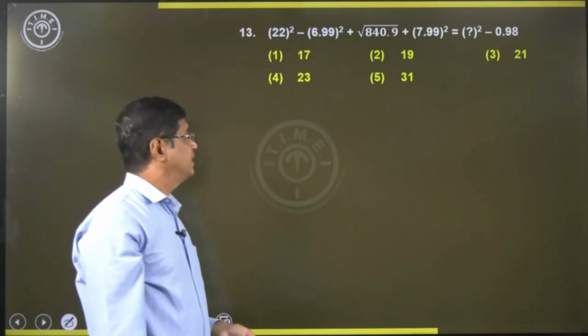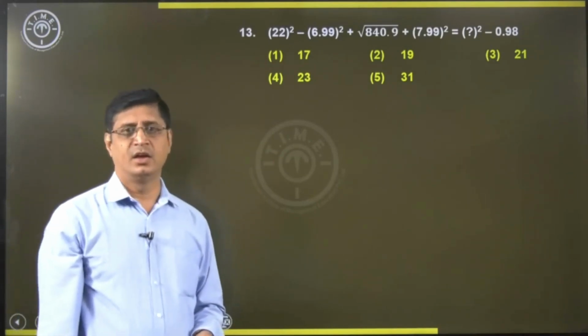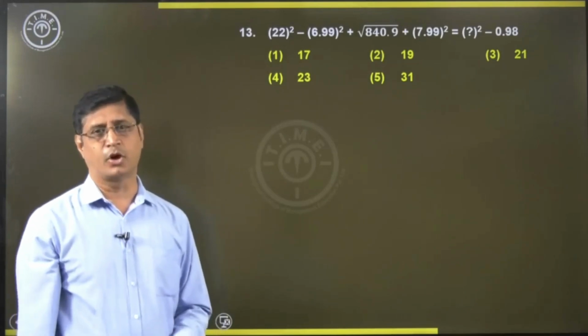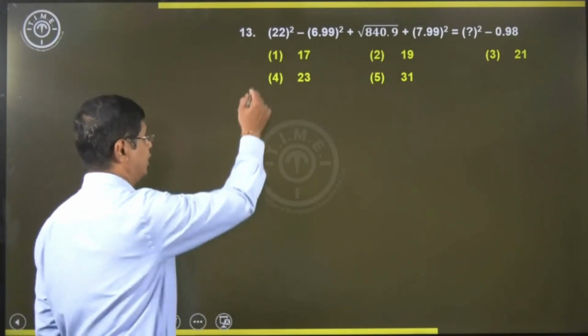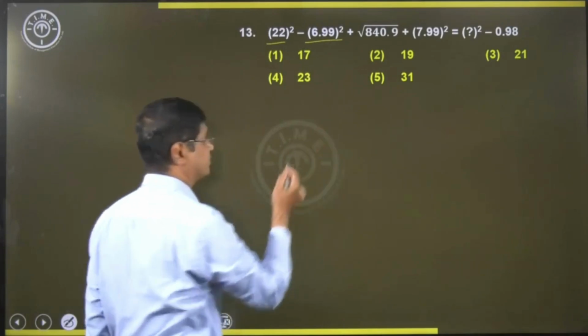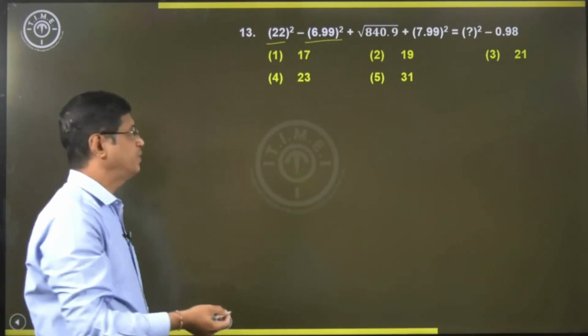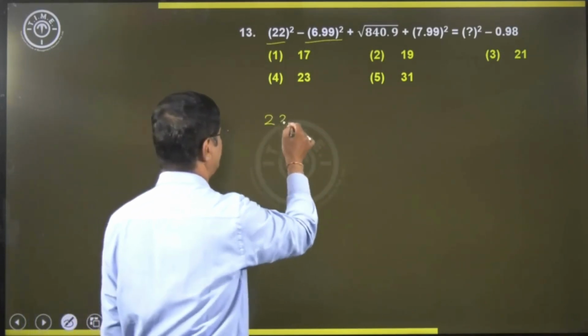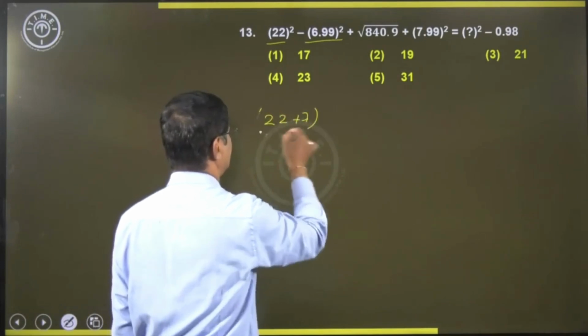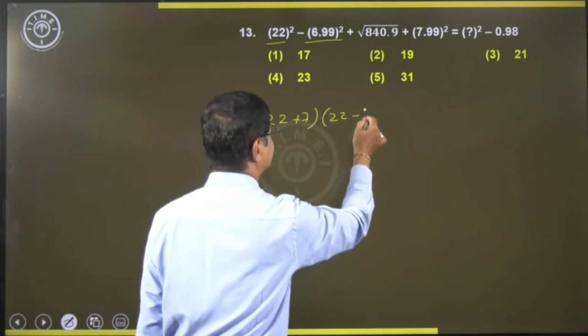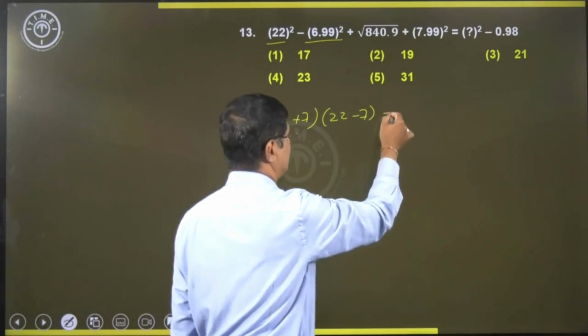22 square minus 6.99. 6.99 is approximately 7. So a square minus b square, a plus b into a minus b, means 22 plus 7, 22 minus 7. Okay.